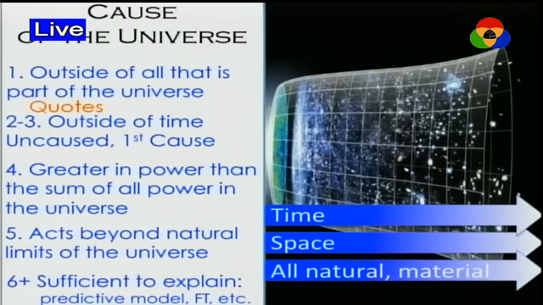Now, if we had that beginning, then everything that's on the right side of that screen, that's where all of time began and progressed from there. That's where all matter, energy, and all of space, every natural thing that is in the universe began and then started going from there.